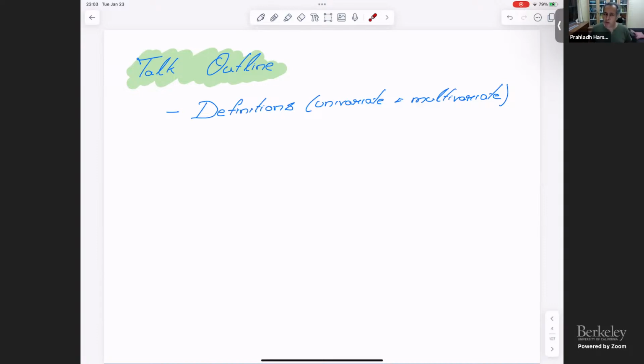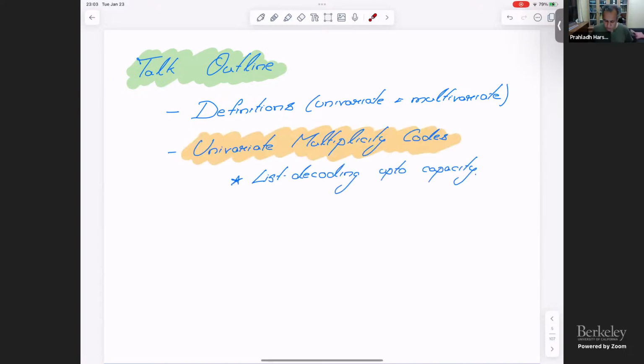We'll spend a fair amount of time motivating and defining multiplicity codes, both the univariate version and the multivariate version. Then we look at one nice application of the univariate multiplicity codes, which gives rise to list decodable codes all the way up to capacity. Mary spoke about a family of such codes, the folded Reed-Solomon codes.